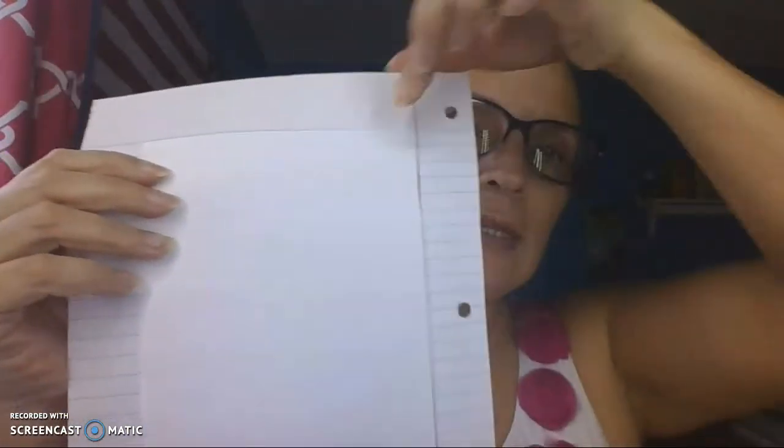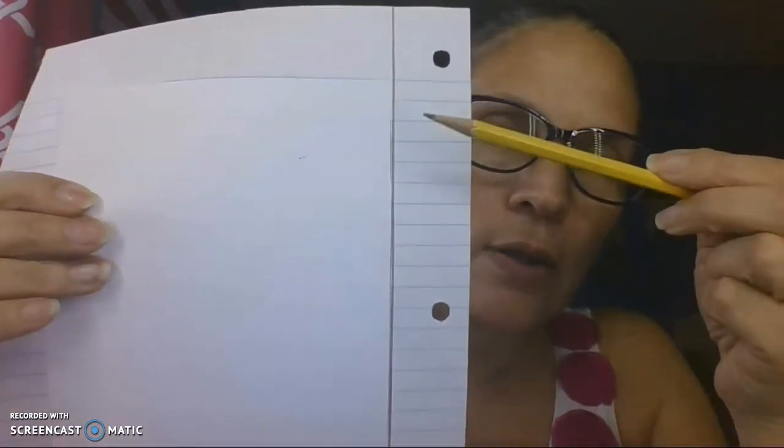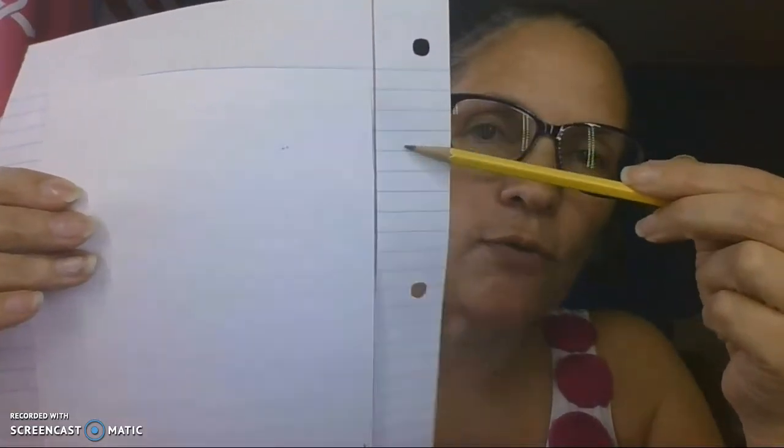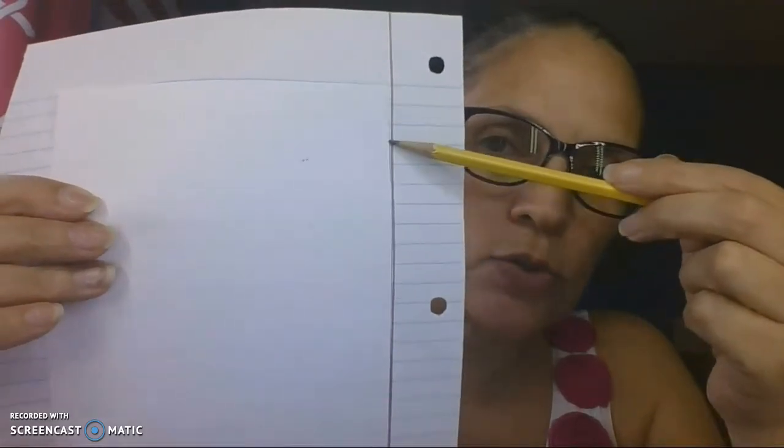Now that you glue this paper right here, you're going to count 1, 2, 3, and 4 lines on the paper, and then you're gonna draw a line right here.